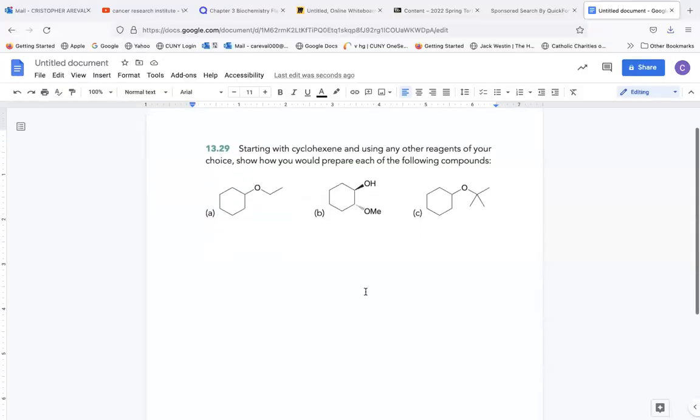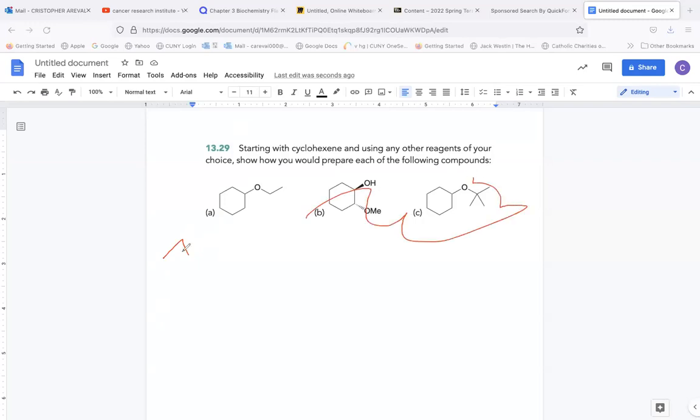All right, so that's the first assigned problem that he gave you guys, right? So let's do it. It says starting from a cyclohexene, try to make A, B, and C. Forget about these for now.